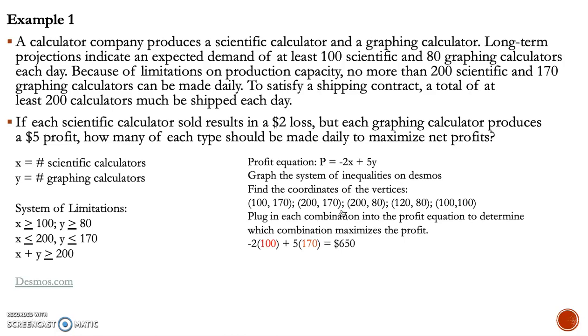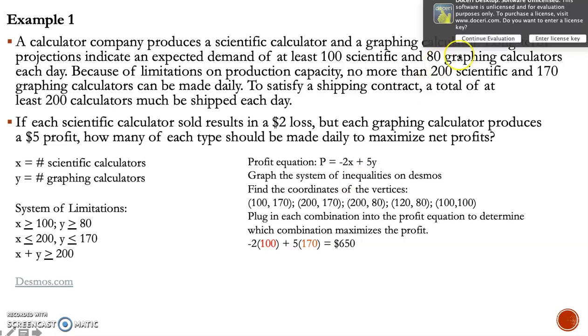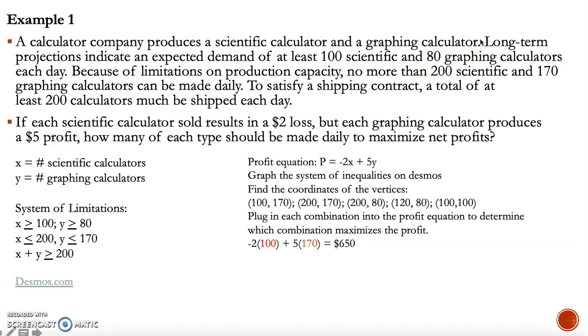So if we plug 100 and 170 into our profit equation, the company would get a profit of $650. The second combination of 200 and 170 would give a profit of $450. The third combination would give a profit of nothing.